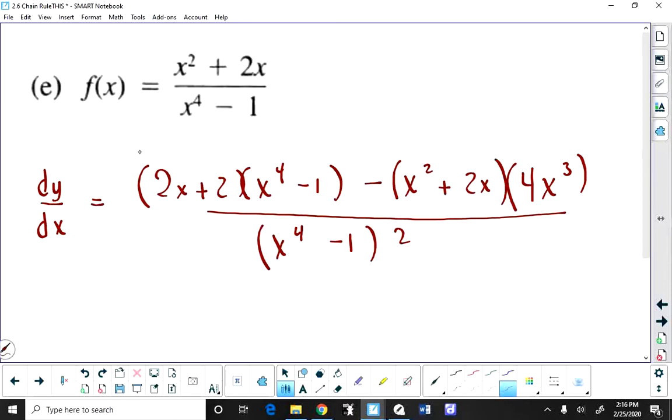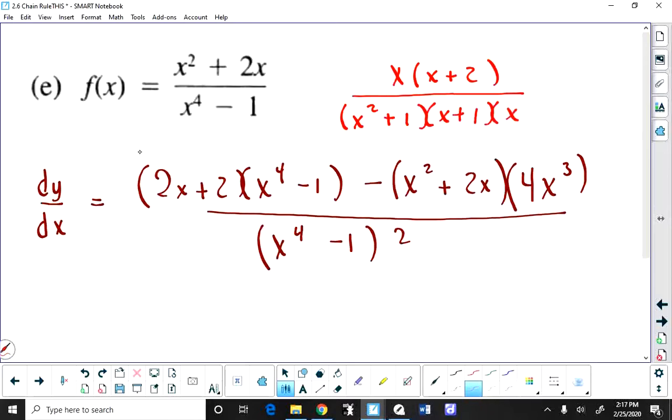Okay. I didn't factor it to begin with, because if I factored this to begin with, so the bottom is a difference of squares that factors into x to the 2 plus 1, x to the 2 minus 1, and x to the 2 minus 1 further factors into this. Does anything cancel here?